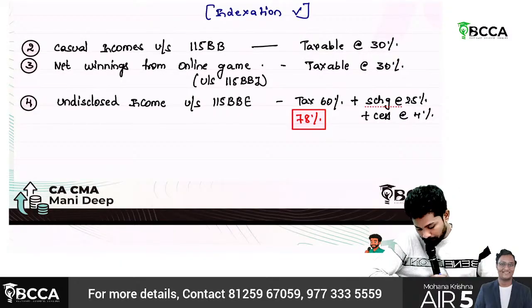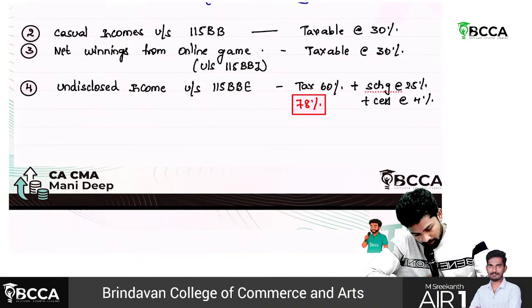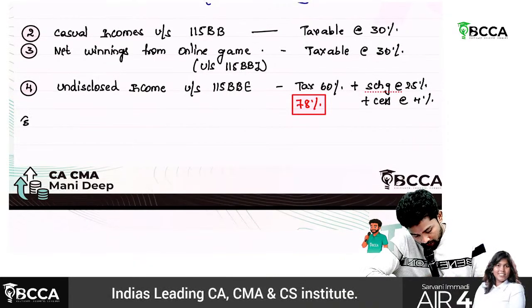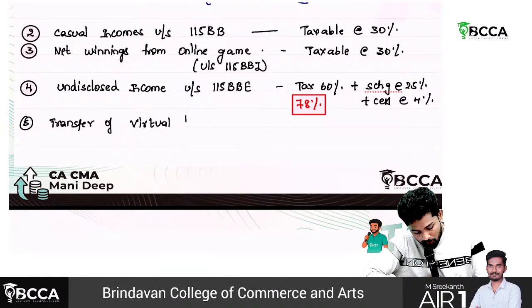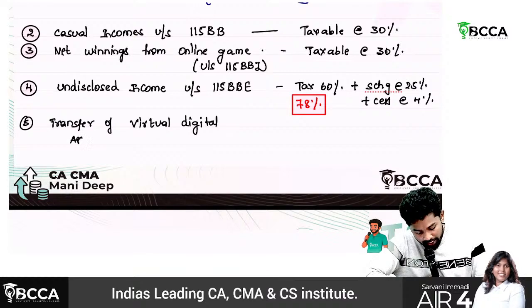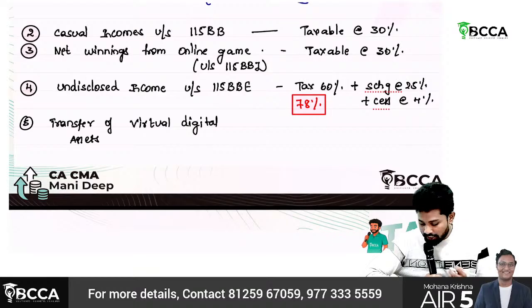Undisclosed income. Then fifth one, transfer of virtual digital assets. What are these virtual digital assets? These assets exist only virtually. You cannot find them physically.